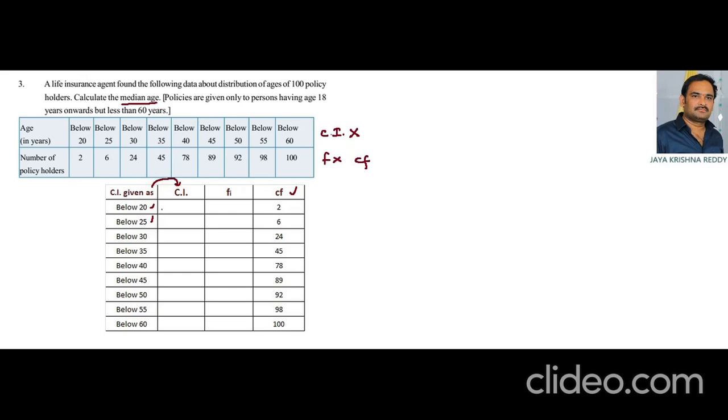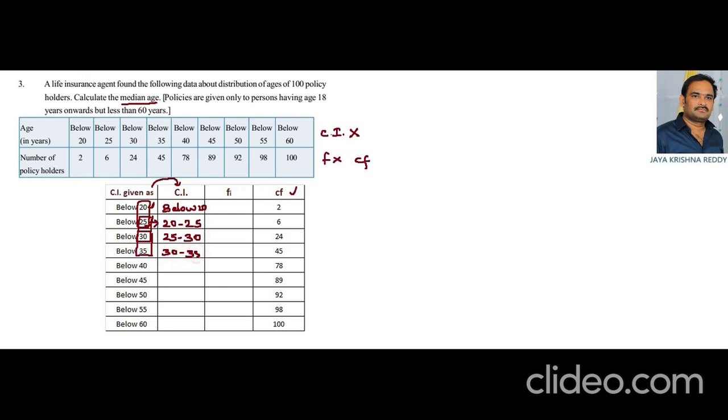See, the first one we write as it is, below 20. The second one is below 25, so make the class interval like this, 20 to 25. That is the second class interval. And the next one, 25 to 30, and the next one, 30 to 35.